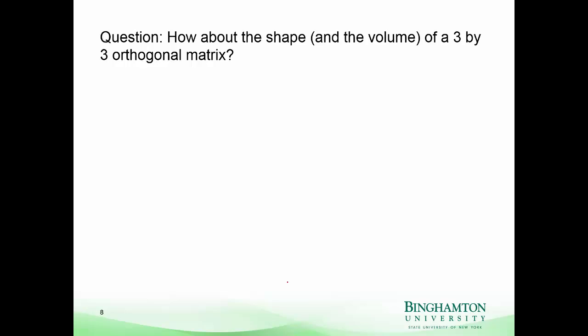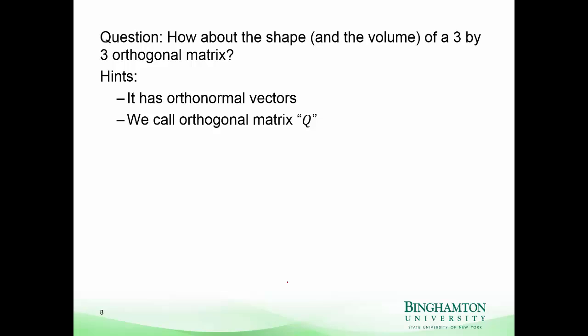So how about the shape and the volume of a 3 by 3 orthogonal matrix? So remember, the orthogonal matrix is going to have orthogonal vectors. We call the orthogonal matrix Q. That's just notational. And so we know it's another cube.